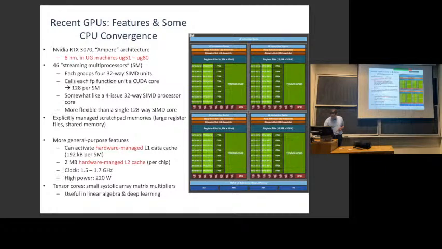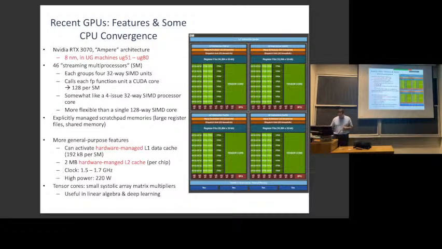This is that Ampere architecture. There are 4 of these SIMD units. I'm not going to go through the details of them because it is pretty complicated. But basically, NVIDIA calls every floating point function unit a CUDA core. So there are 128 of these floating point pipelines per streaming multiprocessor.